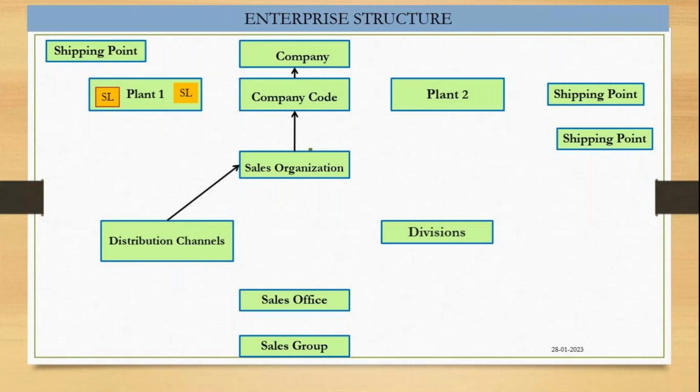Let's say in India, I have direct sale as a distribution channel, retail sale as another, online sales, and wholesale. Let's say I have four distribution channels, and all four I want to use in India. That's the reason all of them I have assigned to the sales organization.